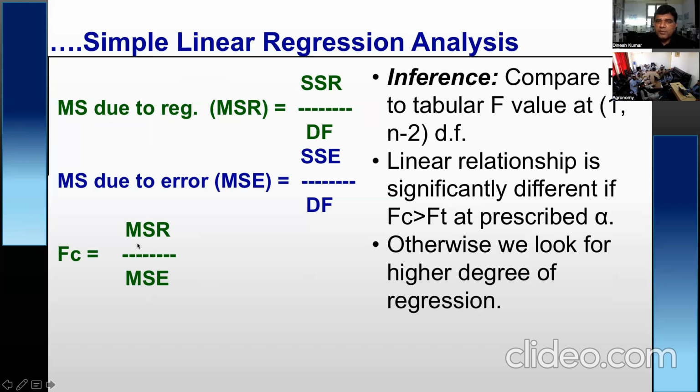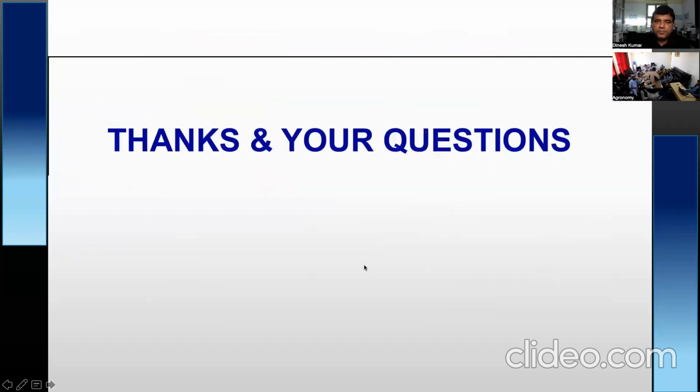Compare F calculated to the tabular value of F at 1 and n minus 2 degrees of freedom. The linear relationship is significant if your F calculated value is greater than the table value at 5% level of significance. Otherwise, we look for a higher degree of regression.